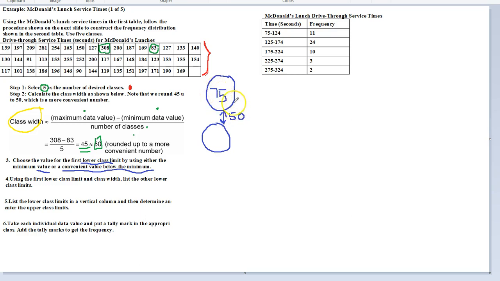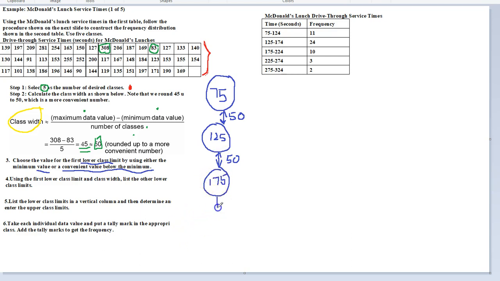So 50 plus 75 is going to be 125. You do the same thing for the next one, and you get 175.